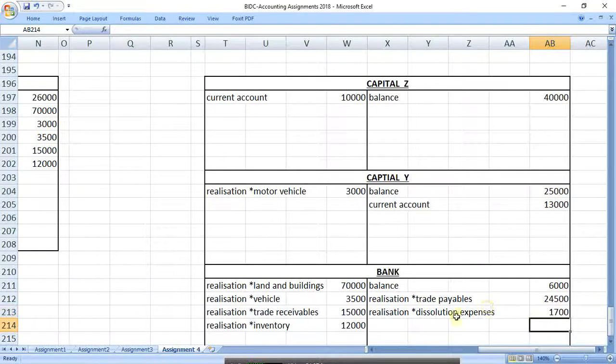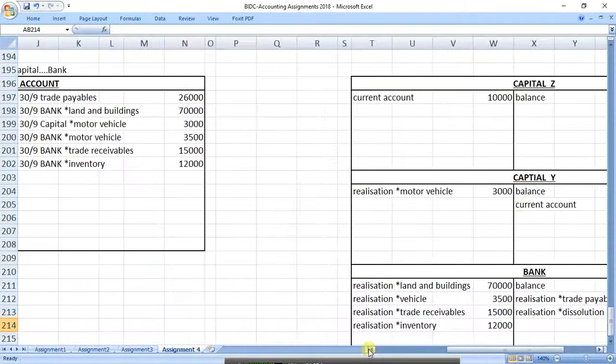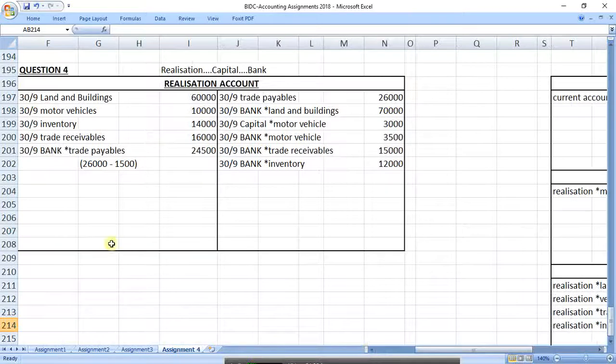So that is going to be recorded here, from the bank, asterisk, dissolution expenses, 1700. Okay, that's it. Now we need to wrap up.